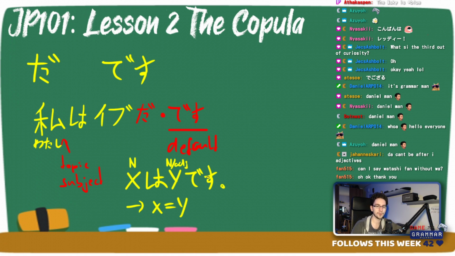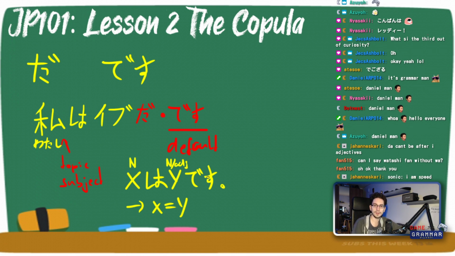That does not work, okay? Why? Because you don't usually assign actions to be things. In English, you wouldn't say I am run or something. You can say I'm running, but then it's not a copula, like we said earlier. You can't say I am swim. You don't say that like that, right? That doesn't work.